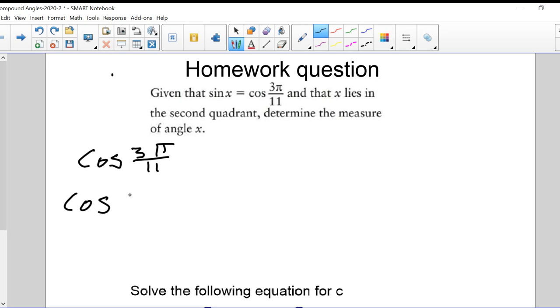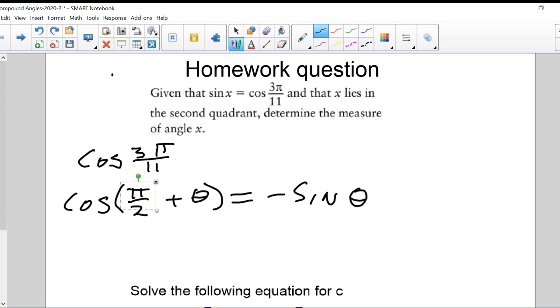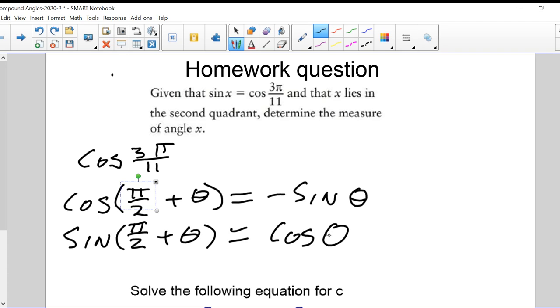So the cosine of pi over 2 plus theta is equal to the minus sine of theta, right? And also, we learned that the sine of pi over 2 plus theta is equal to the cosine of theta, right? Do those sound somewhat familiar?